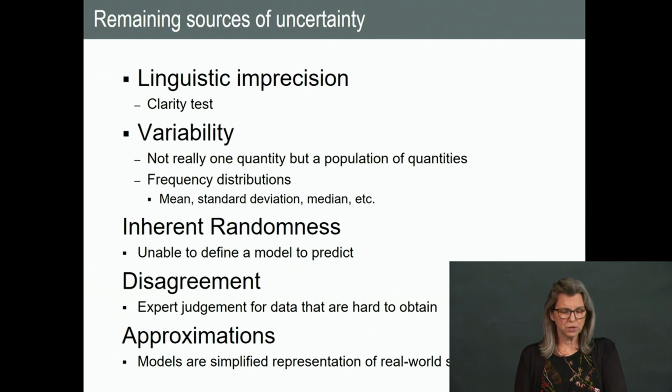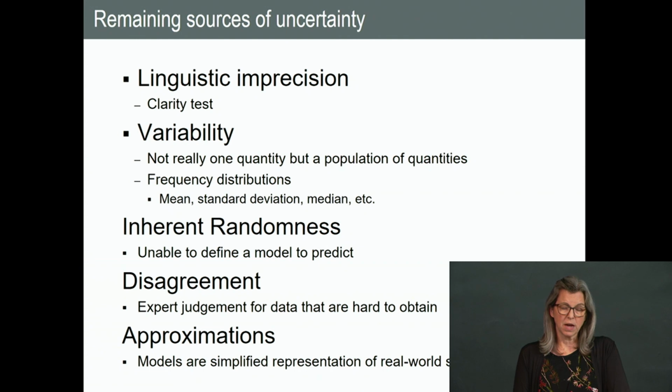Variability I mentioned earlier. This really has to do with when you're not really looking at one quantity but a population of quantities and you're trying to figure out what the frequency distributions are. It's commonly represented in risk assessment models as probability distributions. And inherent randomness, so that's when you just can't develop a model to predict it and there's just some kind of randomness that you want to take into account when you're developing your estimates.